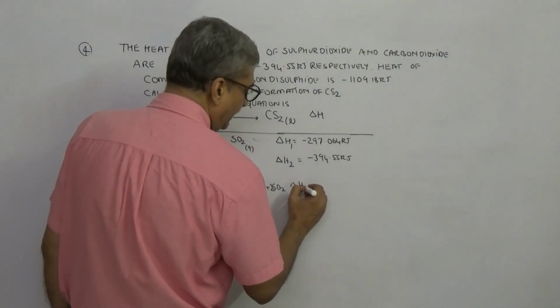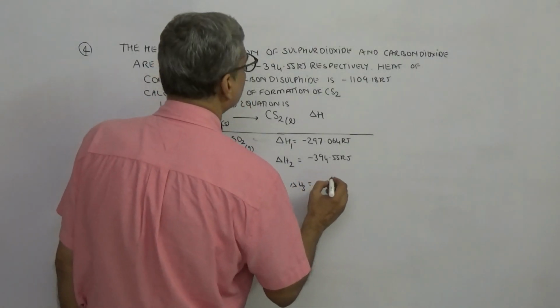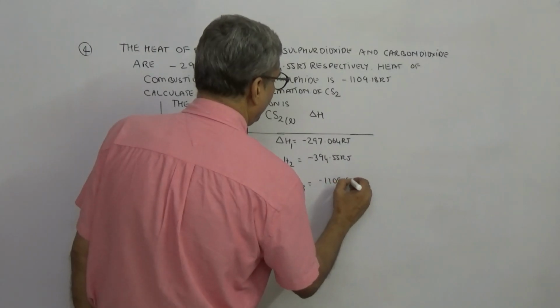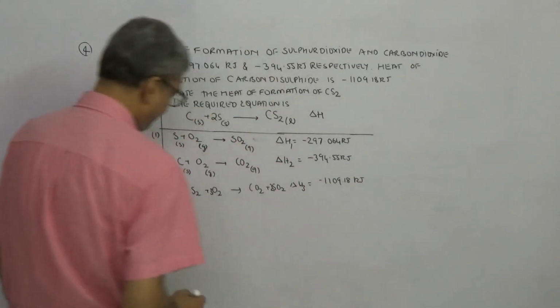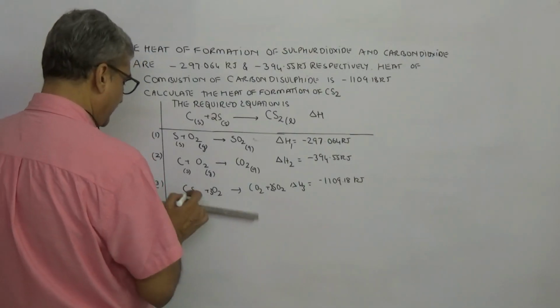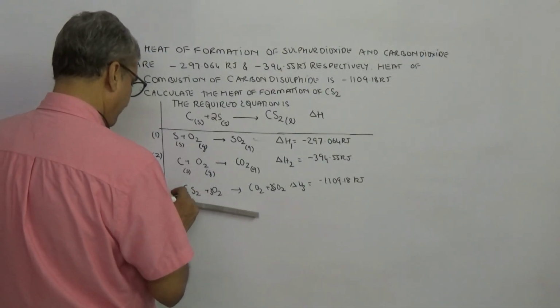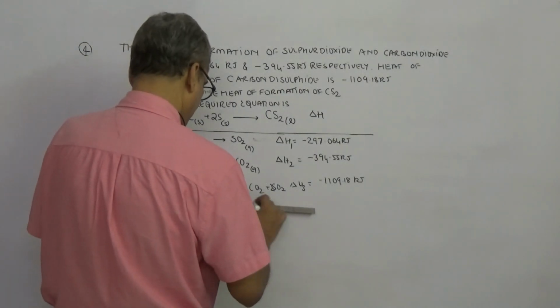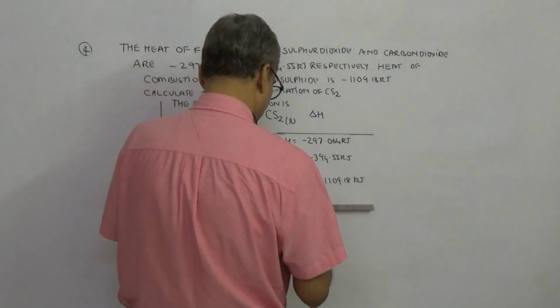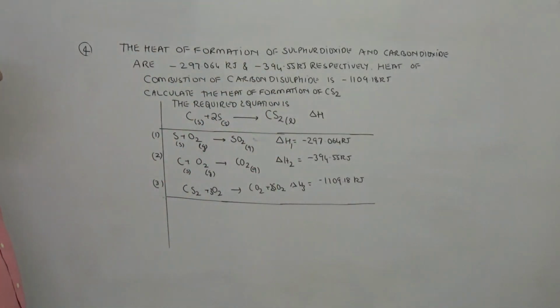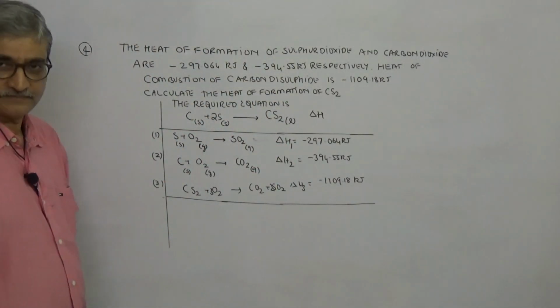So delta H3 will be equal to how much? It is minus 1109.18 kilojoule. So these are the values we have. I have converted all the statements into equations.